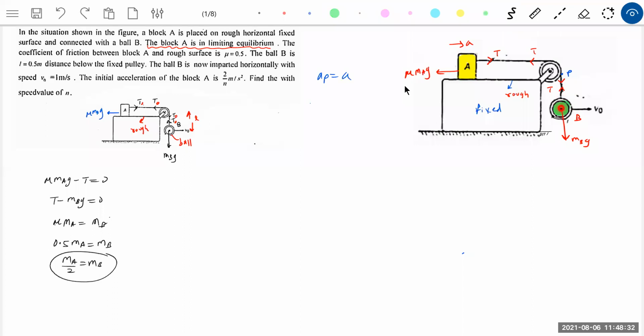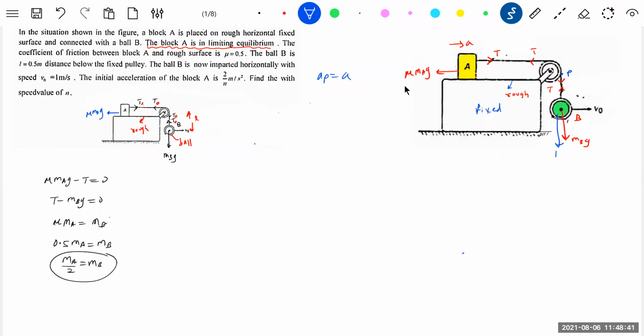Then I'm describing the motion of this block B with respect to that circular motion, so I should apply a pseudo force, which will come in that direction. Then the equation of motion will be T minus mu mg equal to m_A into a.